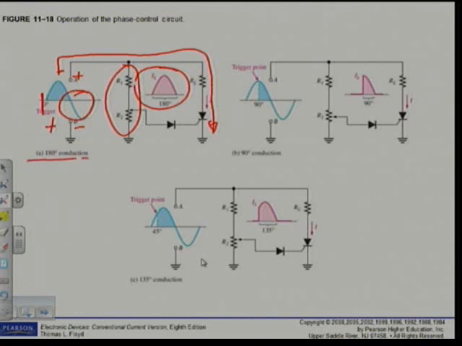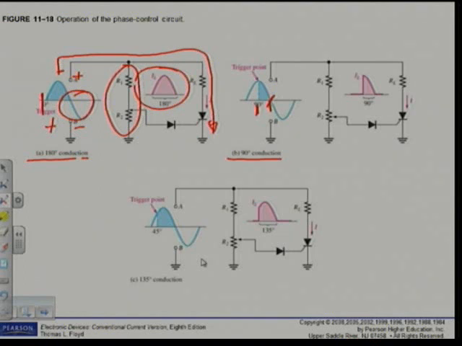That is the A one. If we look at B, where we're going to fire at 90 degrees, when I trigger at 90 degrees, I will have only half of that 180 degrees conduction. That means I will have half that amount of power. I will have conduction from that point to that point.